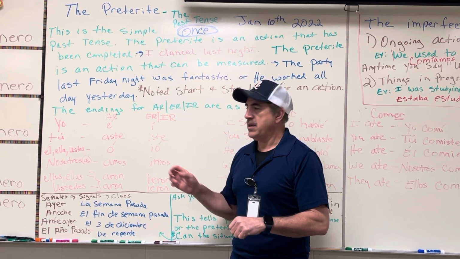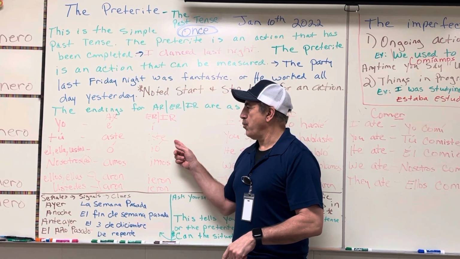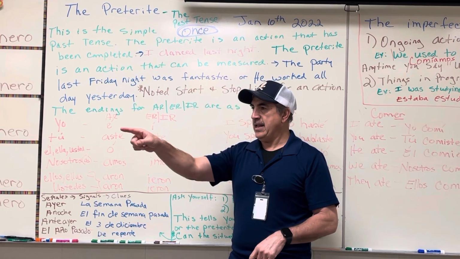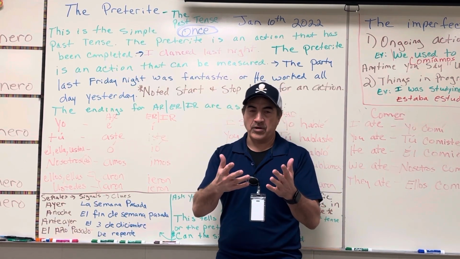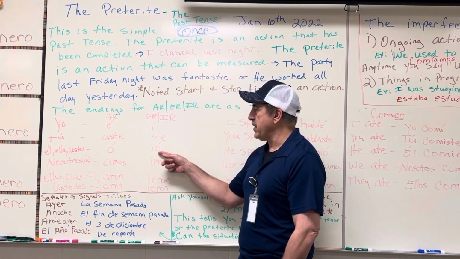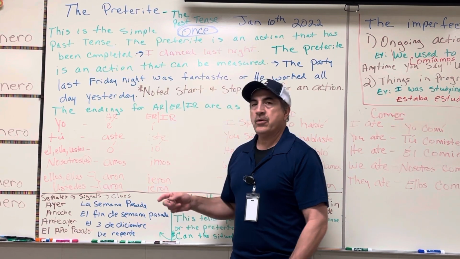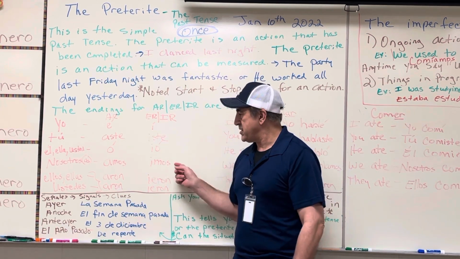I ate. Yo comí. Tú comiste. Él, ella, or if I'm talking to a person of respect, usted comió. Here's an accent on the O. Nosotros comimos.